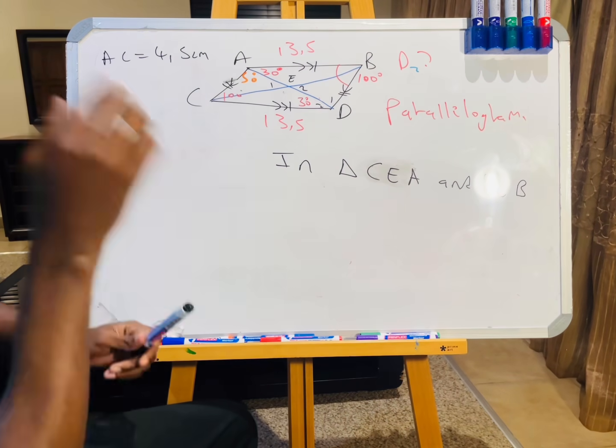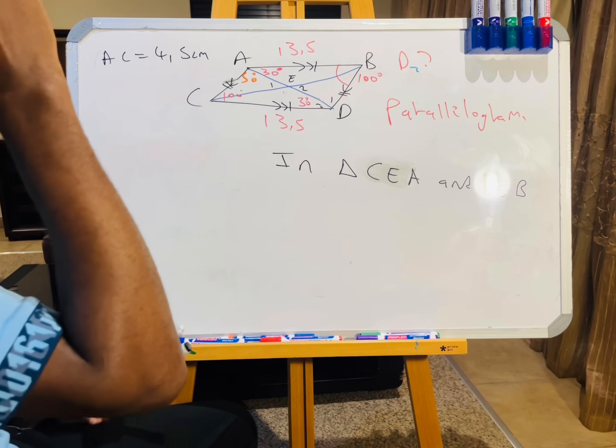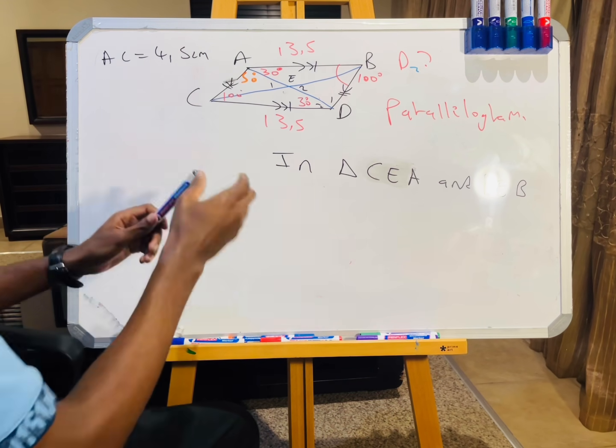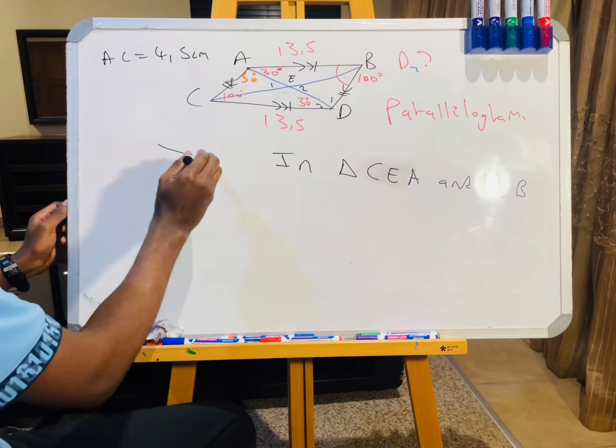So what happens is that we need to check these two triangles here. See, I can draw those triangles.